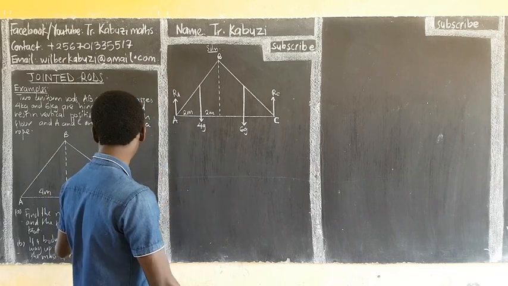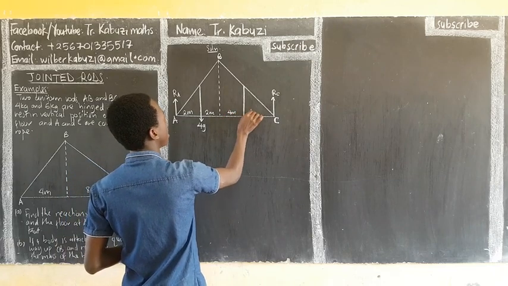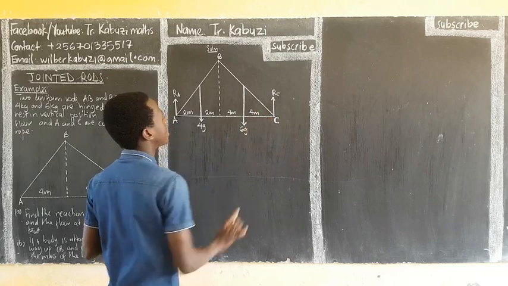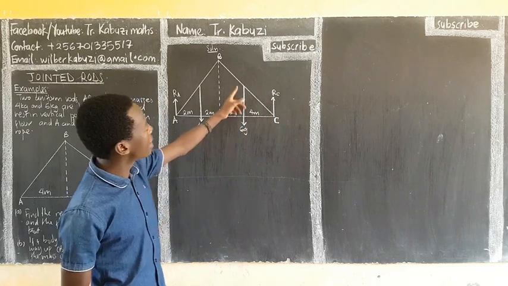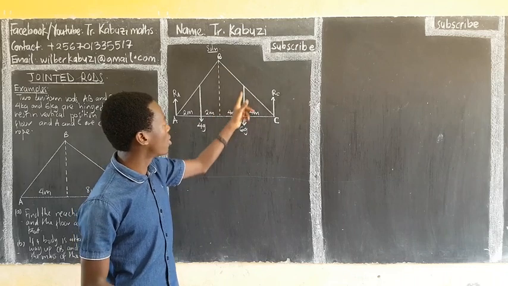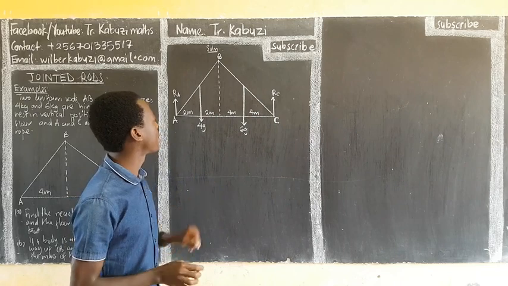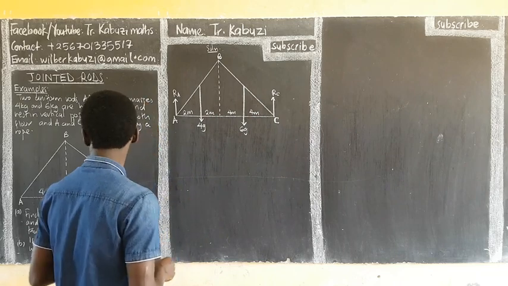The same here. This was 8 meters, so this is going to be 4 meters, and this is going to be 4 meters. As simple as that. So whenever this weight is dividing the rod in the middle, it also divides the horizontal line into 2 equal parts. Okay, those are the first cases.